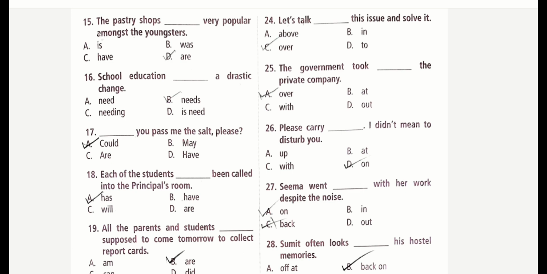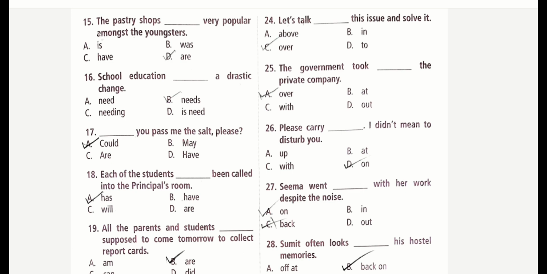So for the 16th question, school education dash a drastic change. Options are need, needs, needing, is, need. So in the four options, why the option needs is correct, I'll tell you, because it matches the singular subject school education.